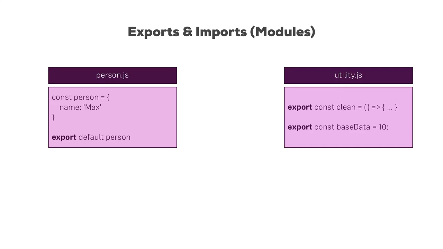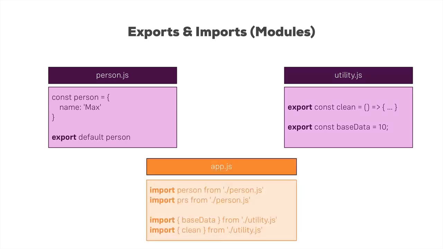In a third file, we might need to import from person.js and utility.js. So app.js requires import statements. And here are a couple of different import syntaxes you will see in this course. Person.js, as you see, uses the default keyword. The default keyword simply means if we just import something from that file, it will always be our default export.